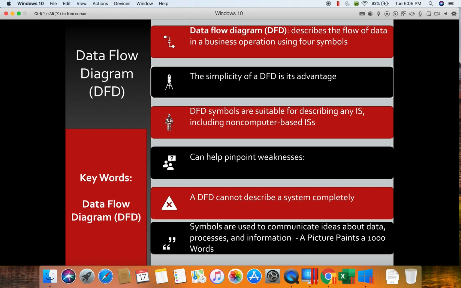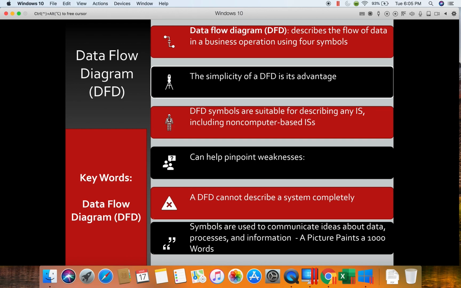With this data flow diagram, the simplicity of it is its advantage. It only has 4 symbols that you have to work with. And so that helps make it easy to understand and easy to create.